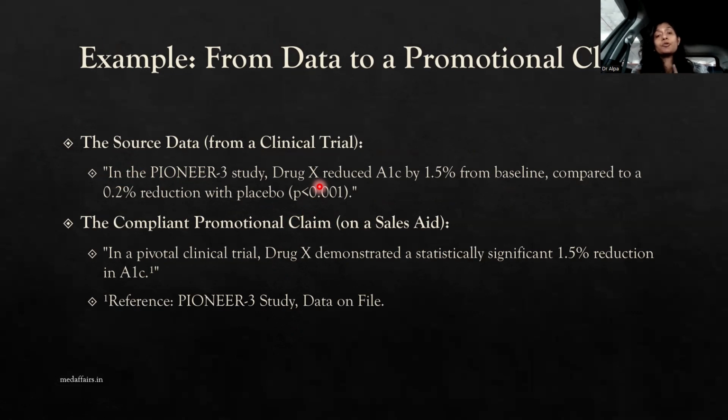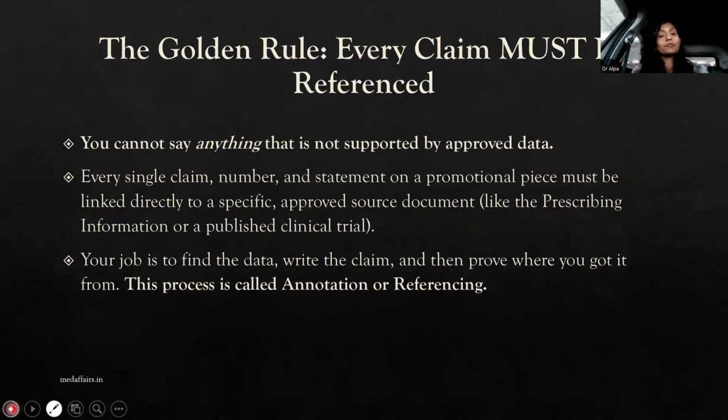First job would be, as the first pointer of your job, you will have to find the data around the drug X, which is present in the literature. Then you have to write the claim. You have to formulate the promotional content piece, and then you have to prove as in you have to reference where you got it from. You have to reference your claim against the available data, and this is called referencing or annotation.